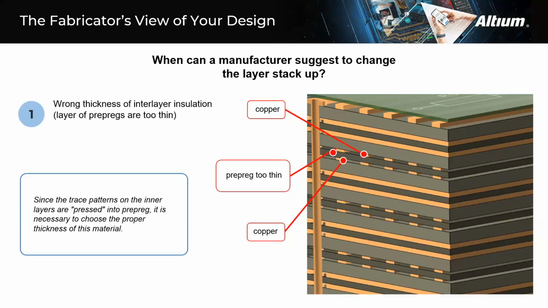It can be pressed into the material of the internal layer, the dielectric material, and the resultant spacing between the adjacent layers will be unacceptable. It is recommended to calculate the layer stack-up more carefully, taking into account the thickness of the copper and dielectric layers. Using the board fabricator's standard stack-up recommendations can serve as a guarantee that the layer stack will be correct.